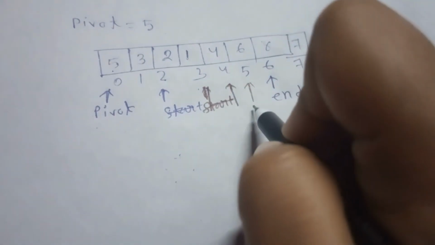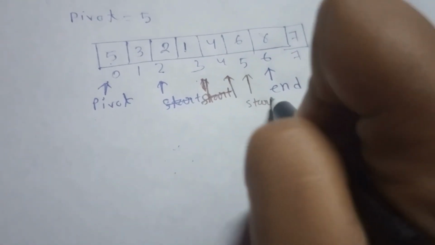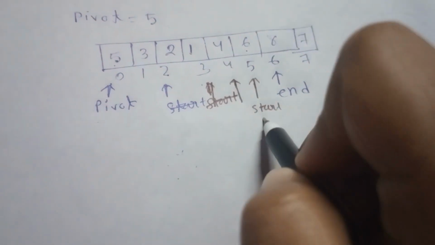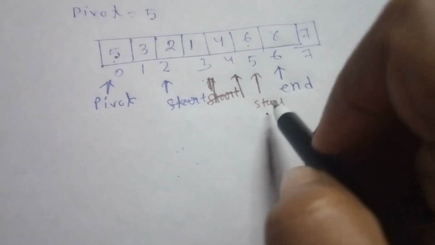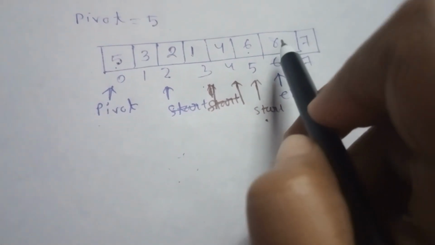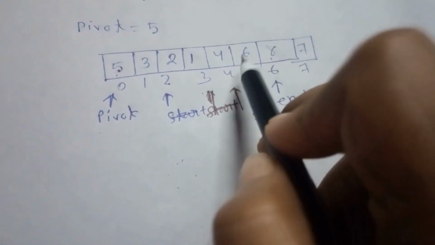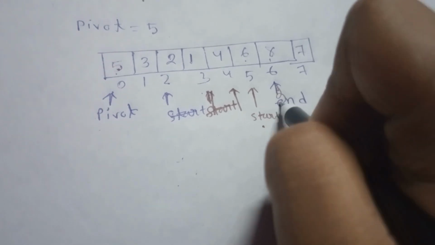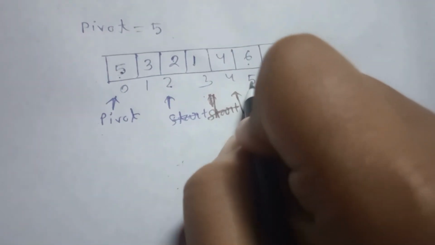Now start is here. 6 less than 5, false, so we stop start here. Now 8 greater than 5, true, so decrement end. Now the end is here.